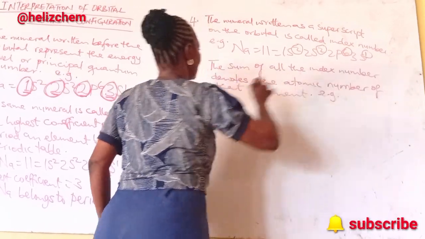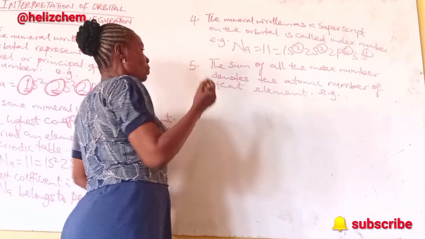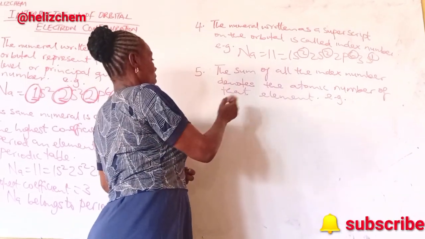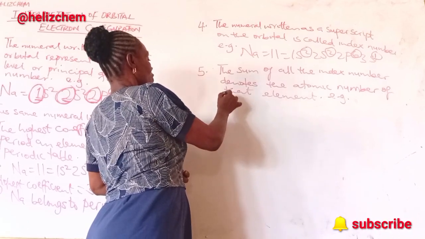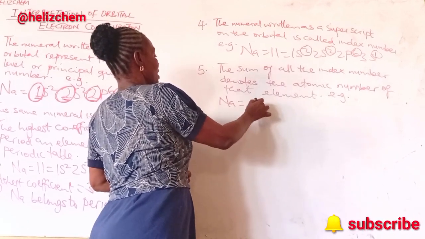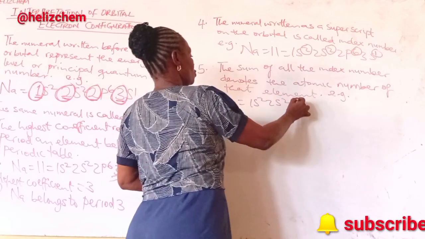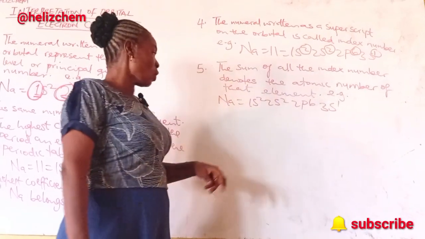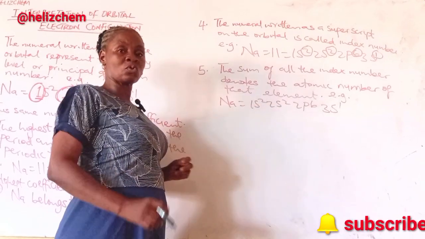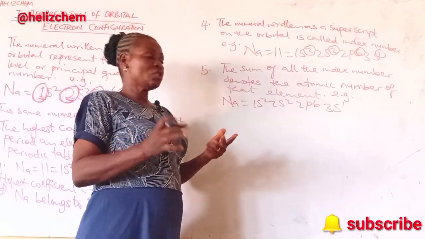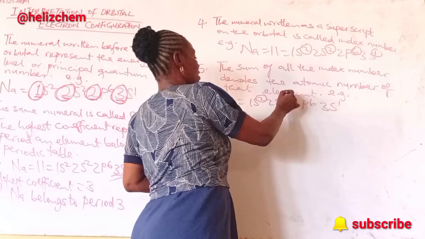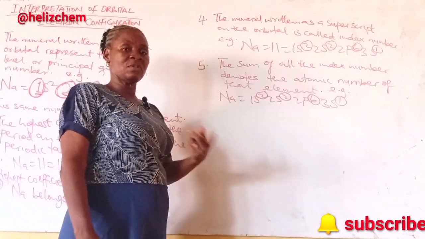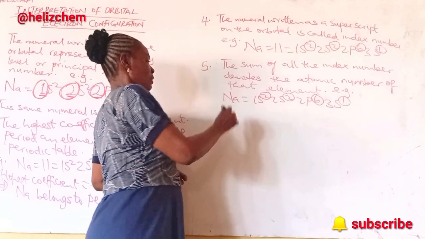For instance, let's say we don't know the atomic number of sodium, and we are given sodium is 1s2, 2s2, 2p6, 3s1, and they ask us to find the atomic number of sodium. What you need to do is just to sum all the index numbers together, and the summation will give you the atomic number.